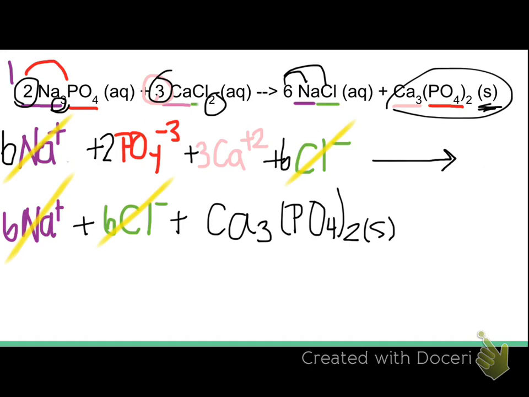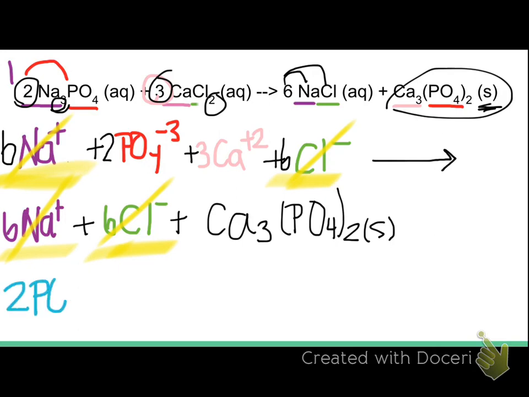Now we're removing our spectator ions, the ones that are on the reactant side here and the product side. So now to write our net ionic equation, we're going to write everything that is left. So what am I left with?